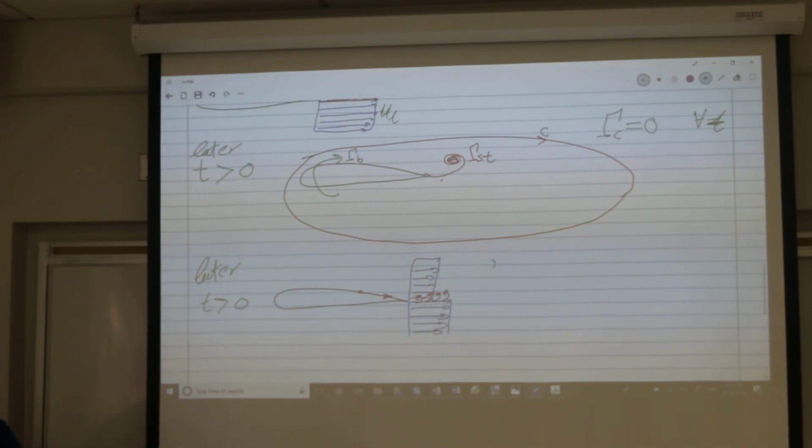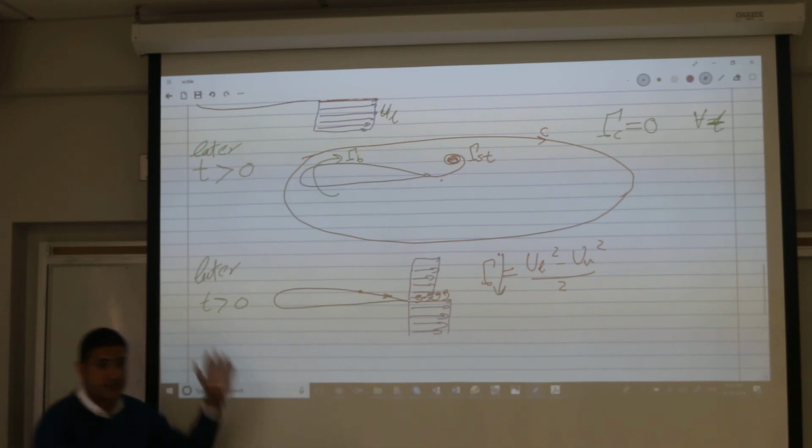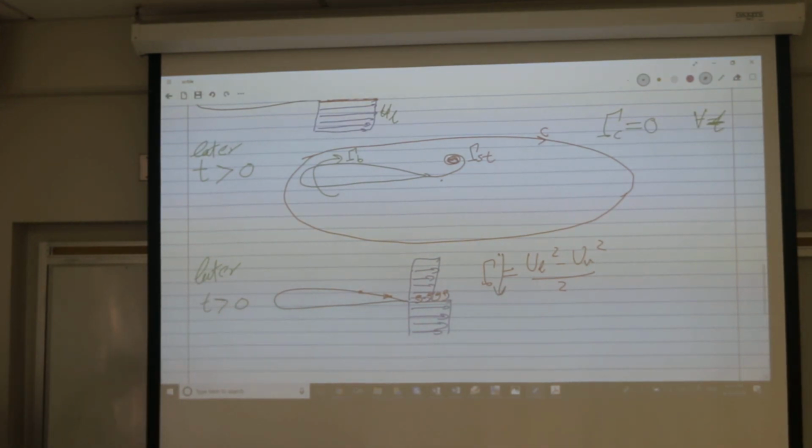So still I have gamma dot equals (U lower squared minus U upper squared) divided by 2. Is this gamma dot larger or less than before? Come on, guys. It's less. Why? Because the difference in the speeds is less. You accelerated the flow on the upper surface and decelerated the flow on the lower surface. So gamma dot decreased.